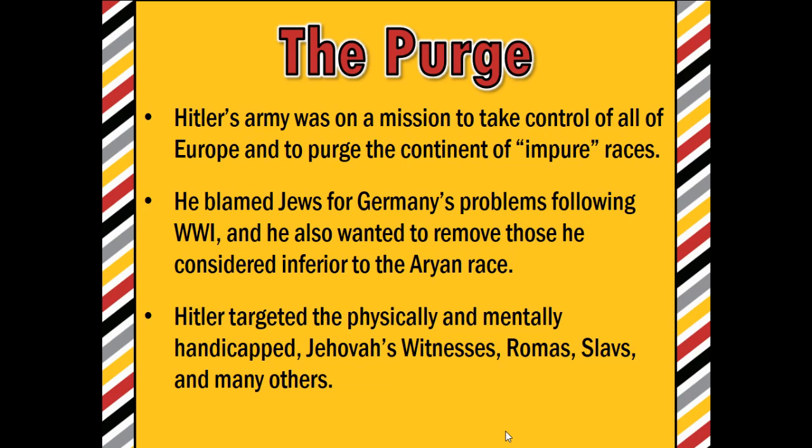He blamed the Jews for Germany's problems after World War I and wanted to remove those he considered inferior or beneath the Aryan race. Hitler specifically targeted those who were physically and mentally handicapped, Jehovah's Witnesses, Romas, Slavs, and many others.